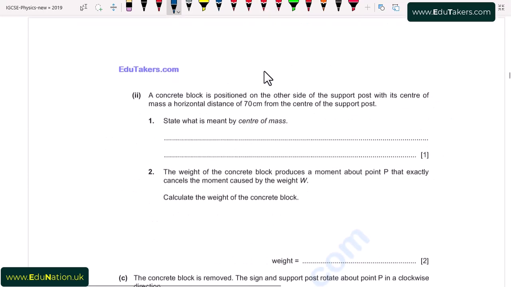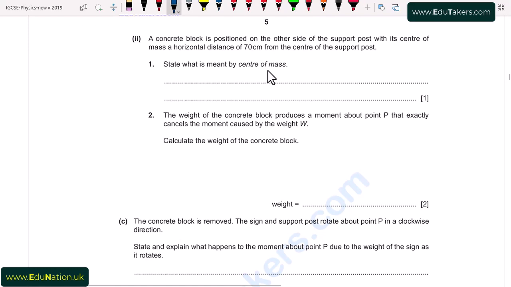Next, part 2. A concrete block is positioned on the other side of the support post with its center of mass at a horizontal distance of 70 cm from the center of the support post. Part 1. State what is meant by center of mass. So, center of mass is basically the point where all the mass of the object is considered to be concentrated.